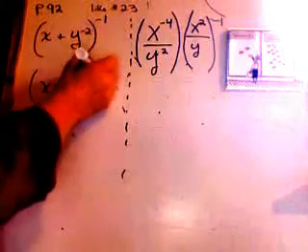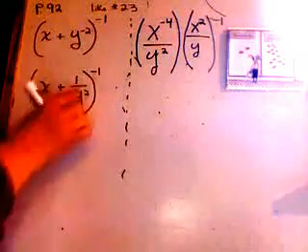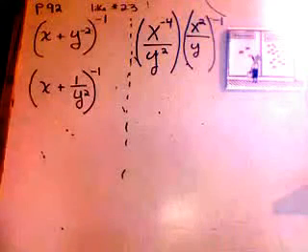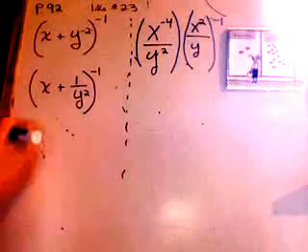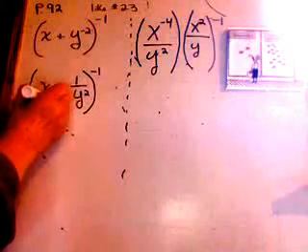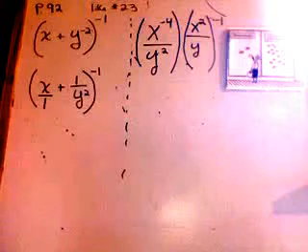I'm still going to keep the outside exponent as is for a minute. Before I deal with the outside exponent, I need to get this to be one term. So let's add these two different pieces. I need common denominators. We'll put a 1 under here first. And what would be the common denominator?